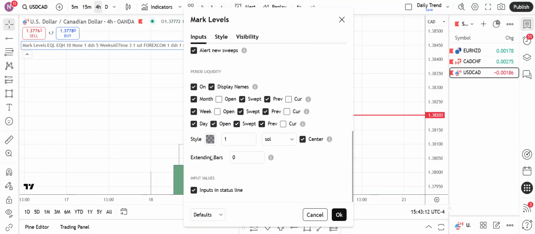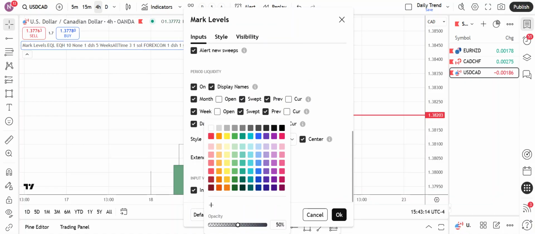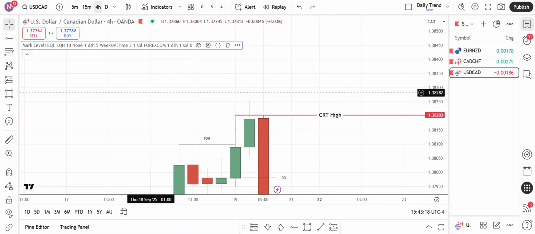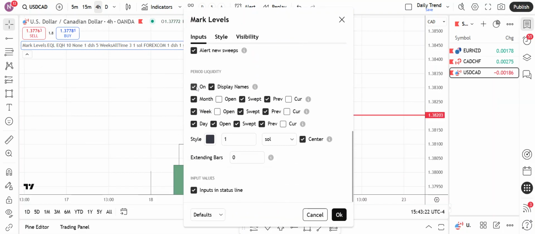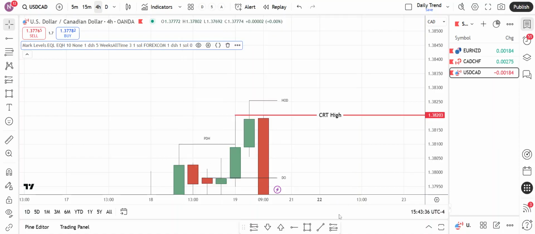I like to darken it up some because it starts with a light gray, so I change the opacity to 100. Then under settings, you uncheck everything except what you want to see. So if you only want to see the day, check that. And then you click current. Be sure to click current and hit OK. And there you go, there's your current high of day right there.